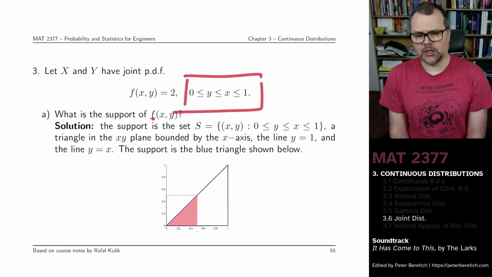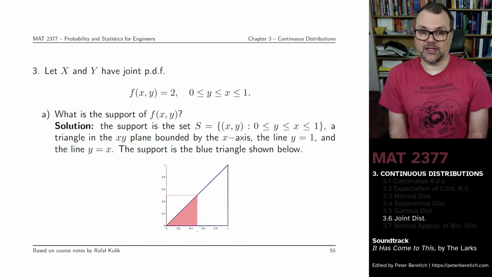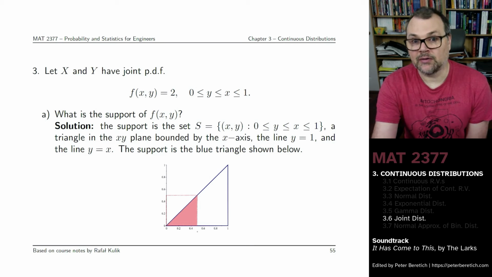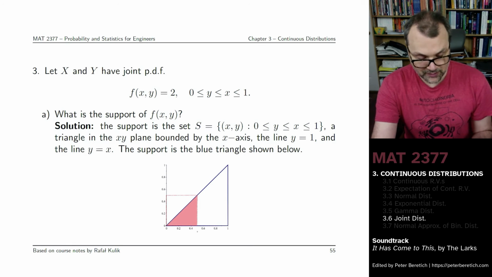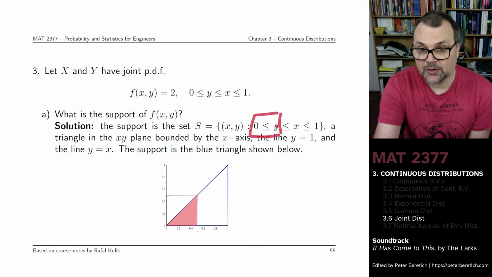What's the support of this density function? It's the set where the probability is not equal to 0. So where is it that this probability is not equal to 0? It's for every x and y, where y is greater than 0, smaller than x, and x is smaller than 1. So whenever you look at these things, you look at the relationships one by one.